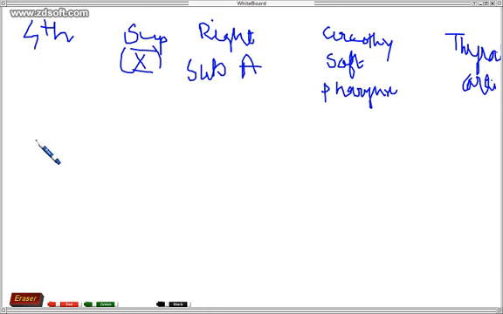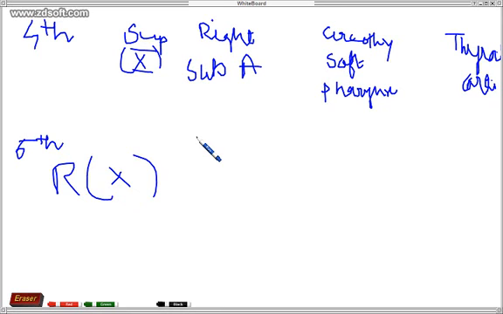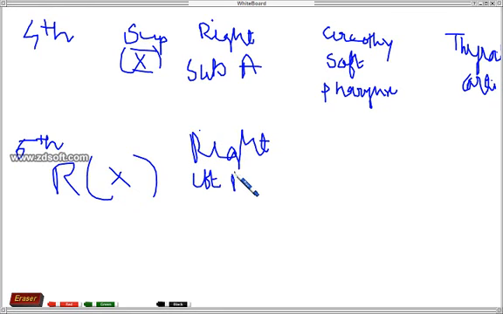And now lastly, the sixth arch, which is supplied by the recurrent laryngeal branch of your vagus nerve, and it forms the right and left pulmonary arteries and the ductus arteriosus.